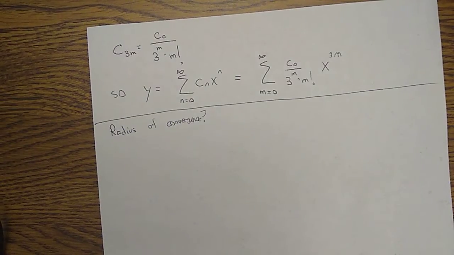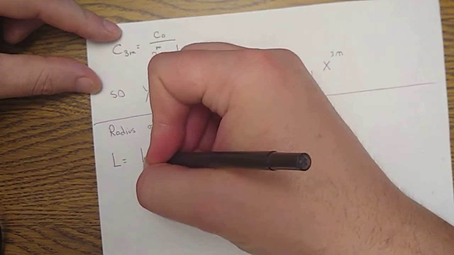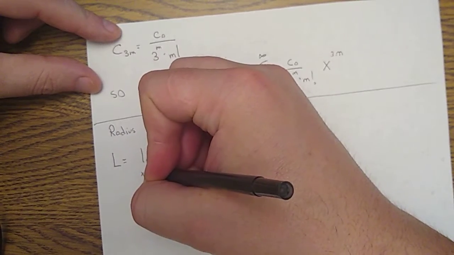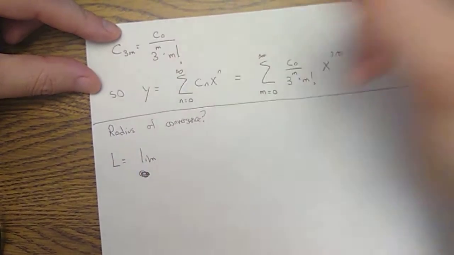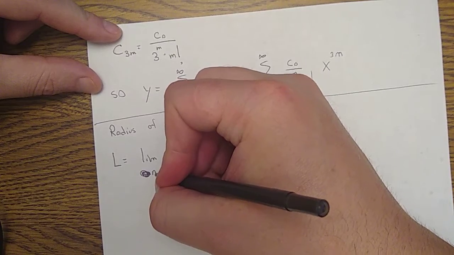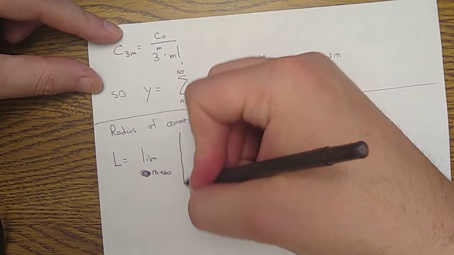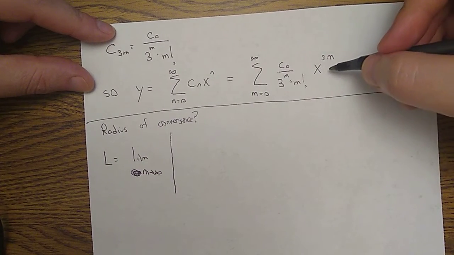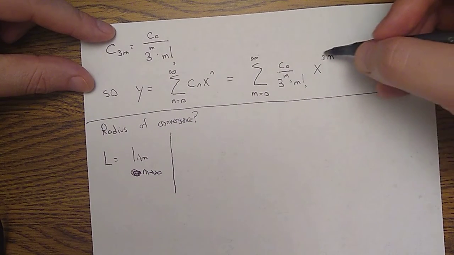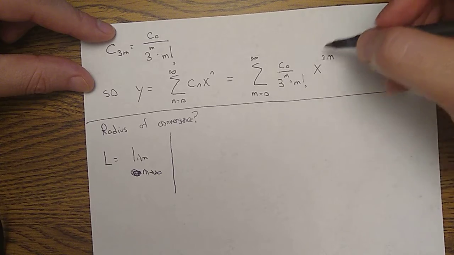Let's find the radius of convergence. To do this, we take the limit as m goes to infinity of the m plus 1th term over the mth term.